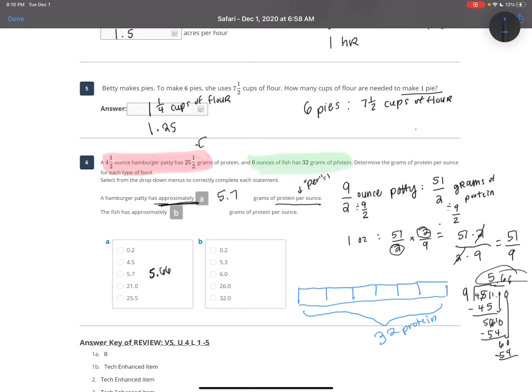So these are 6 ounces. How can I figure out 1 ounce, or how many grams go into one of these pieces of the tape diagram? If you guess division, you're absolutely correct. I'm going to divide 32 by 6 to figure out how many grams of protein go into each ounce. How many times can 6 go into 32? If you guess 5 times, you are absolutely correct. Then I add a decimal and a 0.